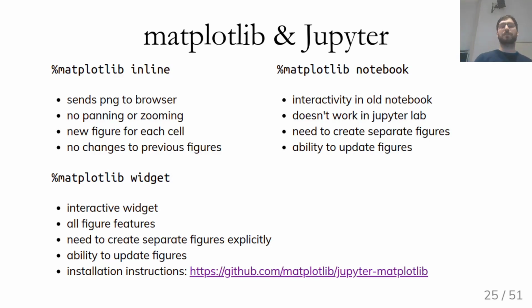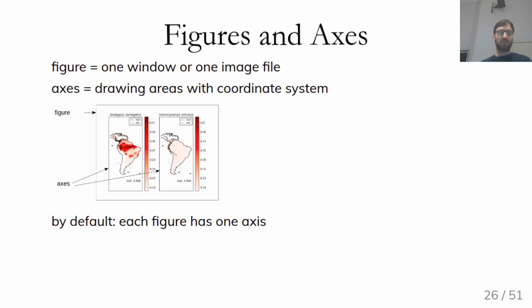All right, so now we finally have imported and set up our Matplotlib. Very briefly, some terminology. The two main objects that you're working with are figure and axis. The figure is usually one window if you pop it up, or one image file, or one interactive thing in the browser that has its own GUI. And an axis is a drawing area that has its own coordinate system.